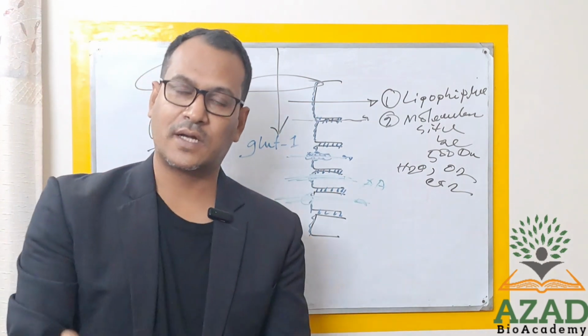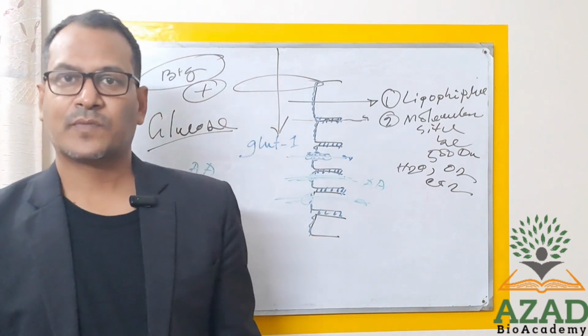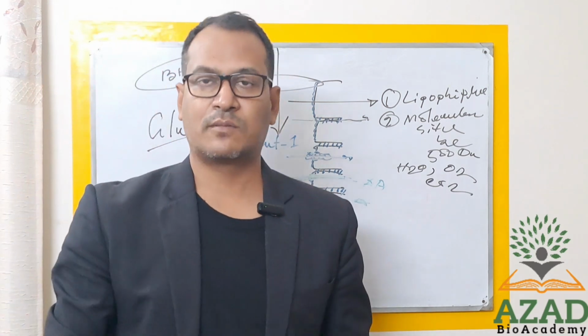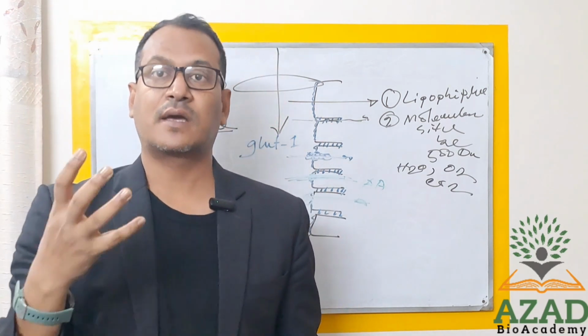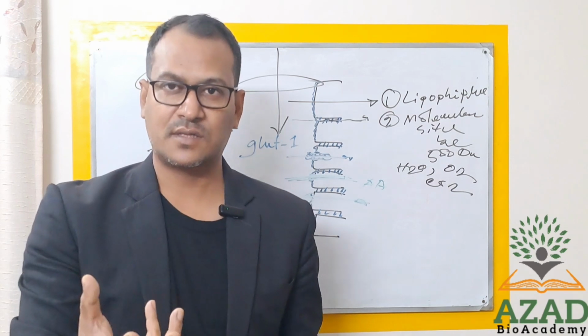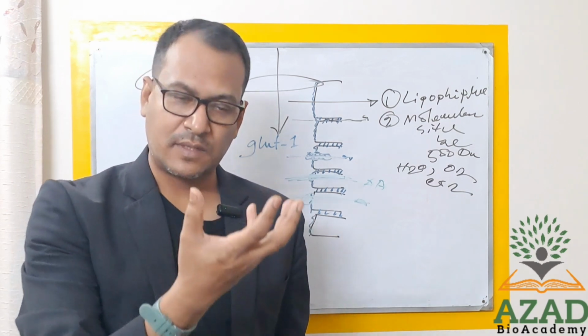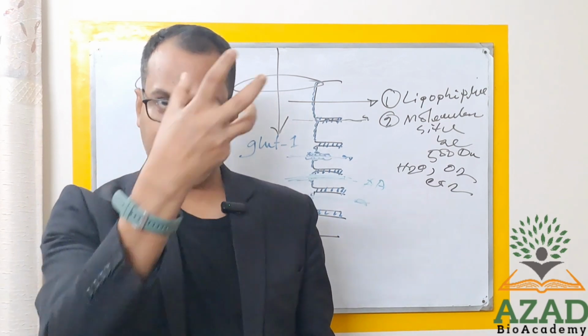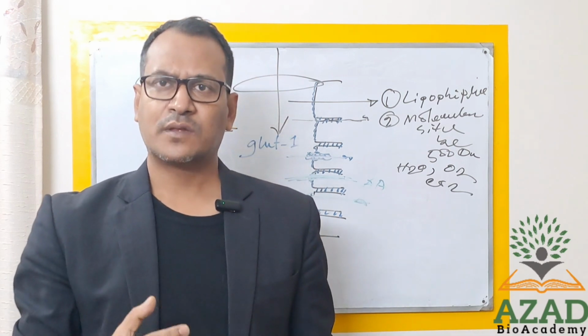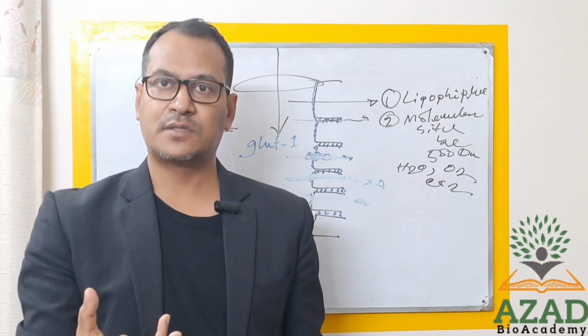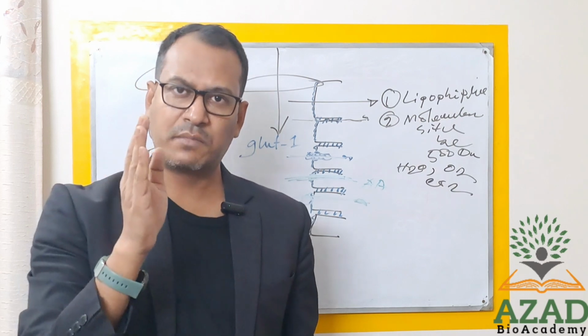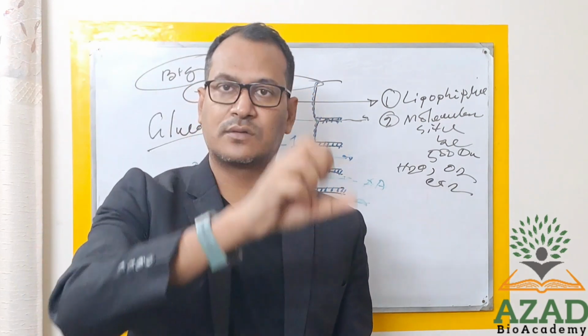Okay, because of that, when someone is suffering from a brain disease like Alzheimer's disease, Parkinson's disease, multiple sclerosis or brain tumor, drug treatment is very difficult, because one of the major challenges is to reach the drug to the brain.